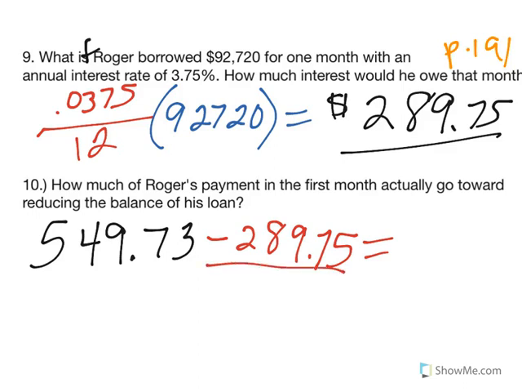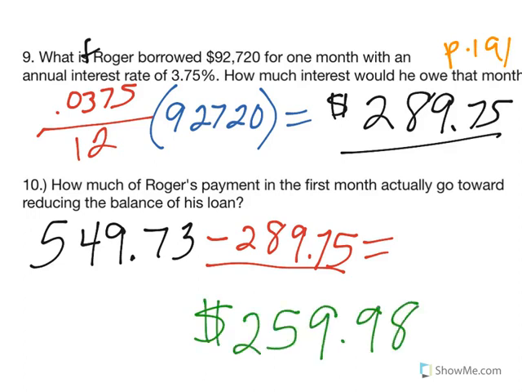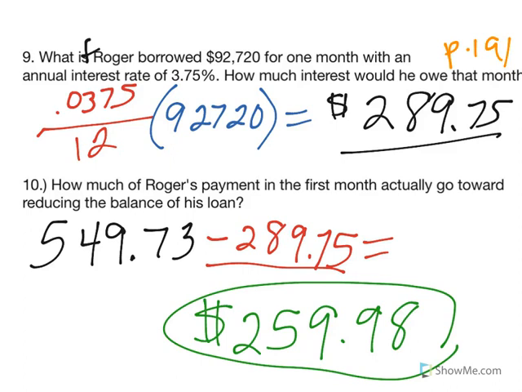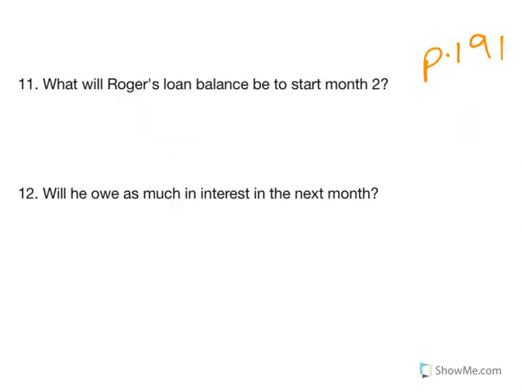Because here in red, that's the interest. So if I take away the interest, the rest of it goes towards the principal. So when I subtract those two, I get $259.98. So the balance that Roger owes on his house really only reduces by $259.98 in that first month.